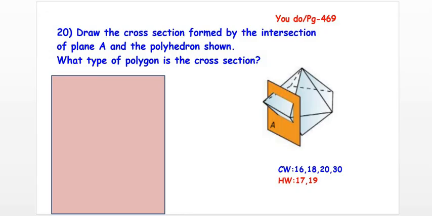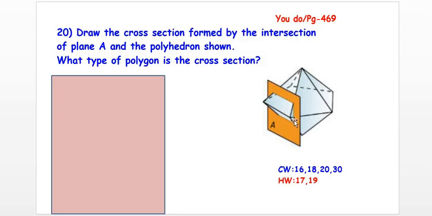They said draw the cross section formed by the intersection of a plane A and the polyhedron shown. What type of polygon is the cross section? So if you cut this polyhedron with the help of this plane A, what will be the shape? As you can see here, it will be a hexagon. Why?